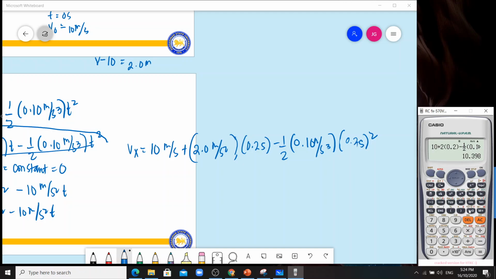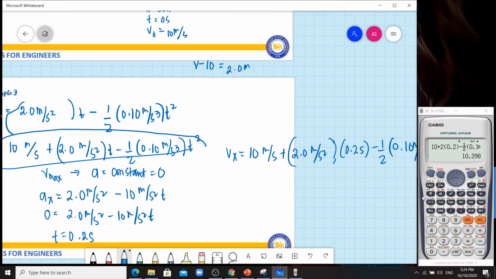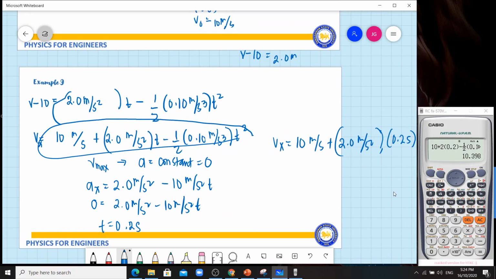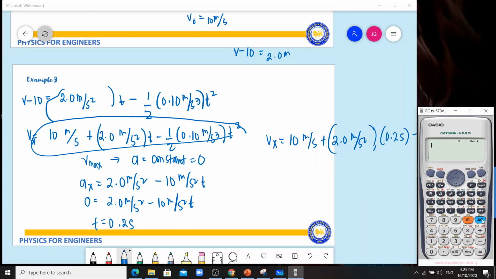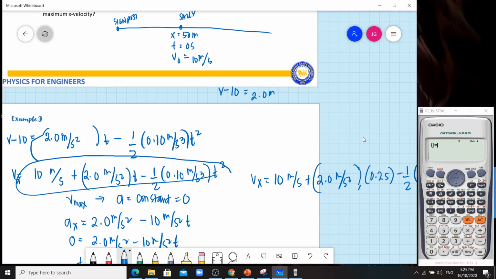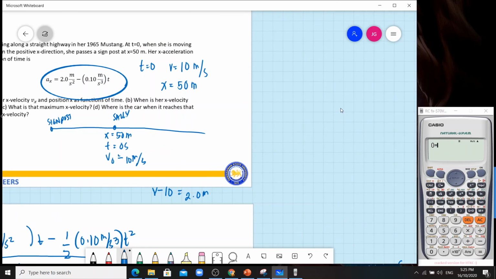So, tama ba to? 10, okay, check natin. 0.10 ba talaga? 0.10 nga.